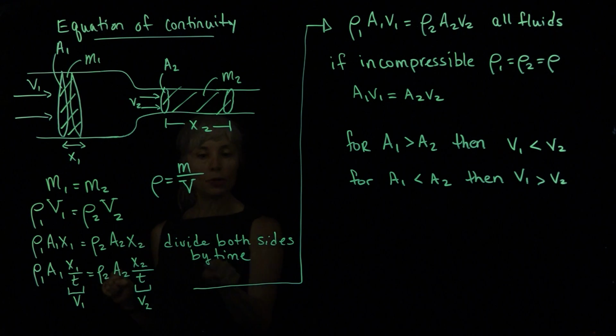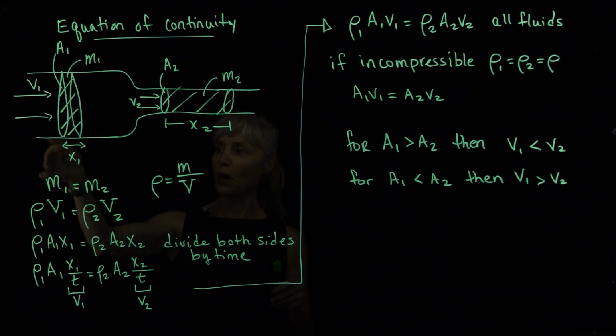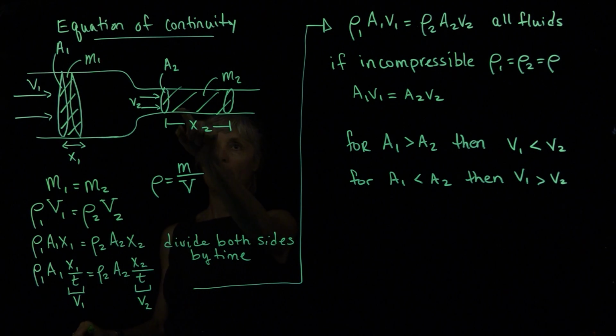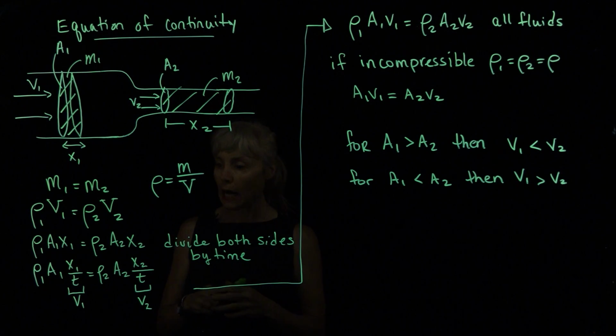Now if I divide both sides by time, because as this mass M1 moves this distance x1, an identical mass M2 moves this distance x2. So I'm going to divide them by time.